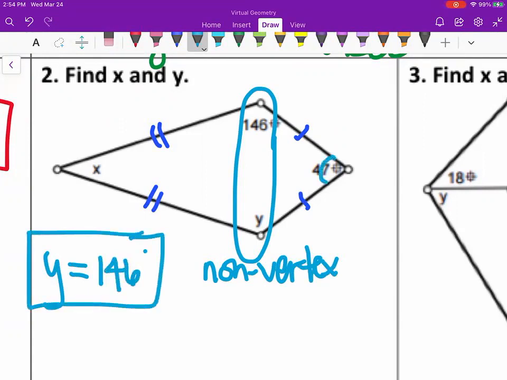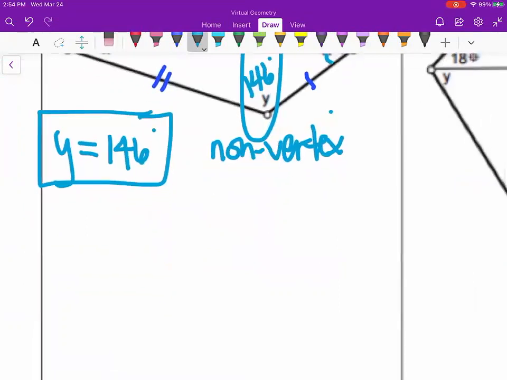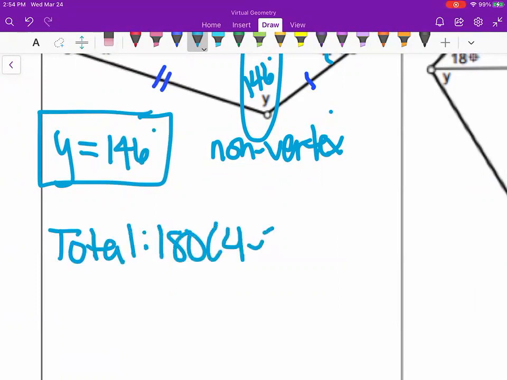I have 47 degrees in the right corner. And I know what a four-sided shape is supposed to equal by doing 180 times 4 minus 2, so that is a total of 360. So if 360 degrees is my total, let's take out what we've used.